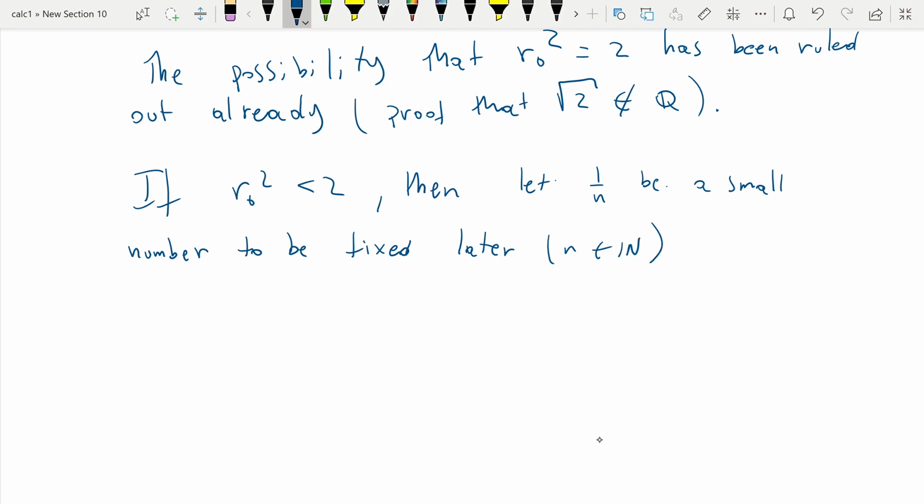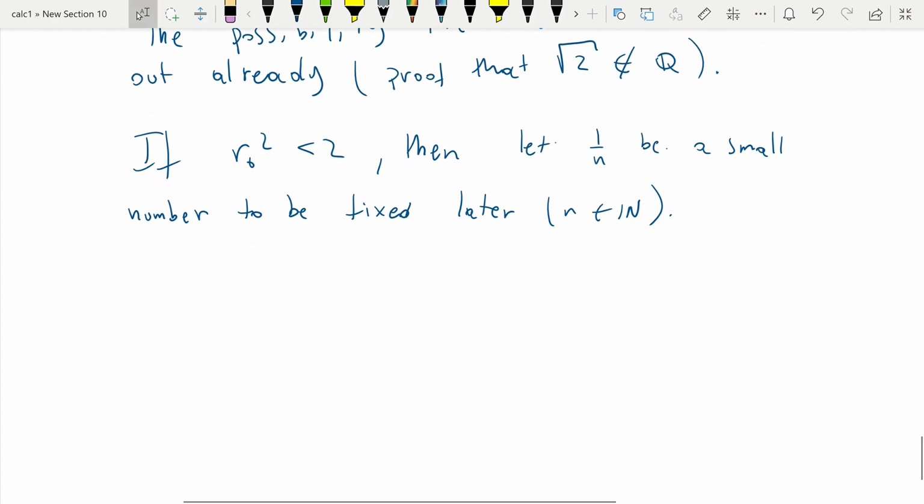So we fix n large enough so that 1 over n is small. Then r naught is less than r naught plus 1 over n.